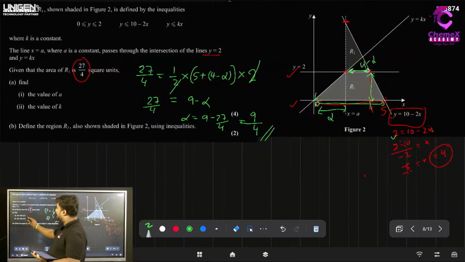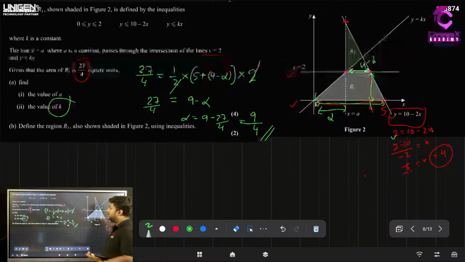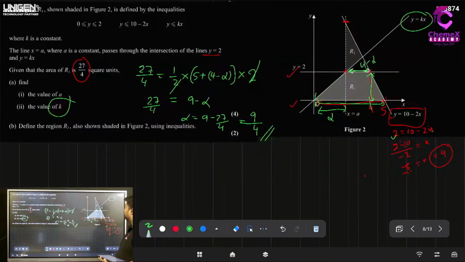Next is finding k. So how do you find k? First of all, where is k? K is in this equation. I found alpha is 9 over 4, so this coordinate is going to be 9 over 4 comma 2. Easy, no?